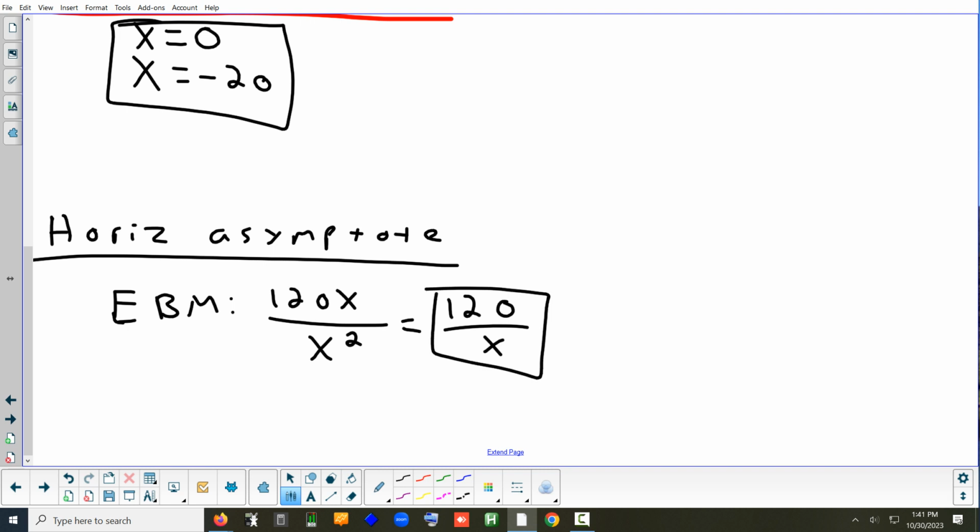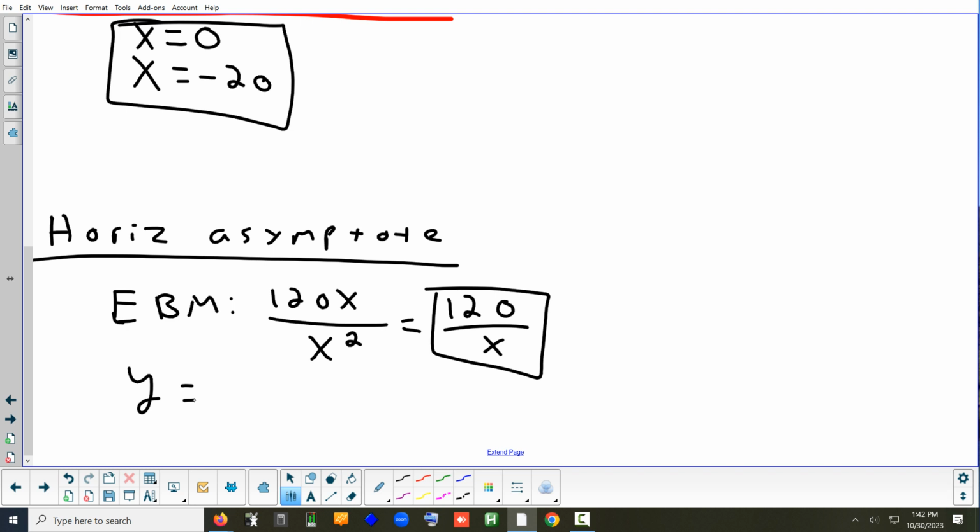which is also going to give us the horizontal asymptote. To find the horizontal asymptote, you look at the EBM, and you let x get to be what kind of number? Towards infinity.